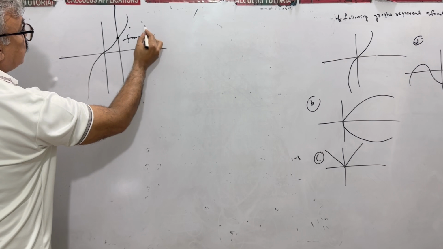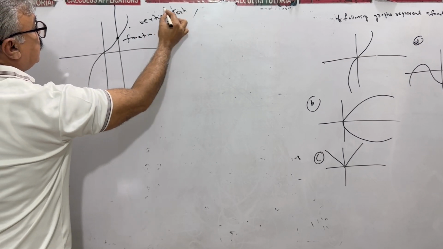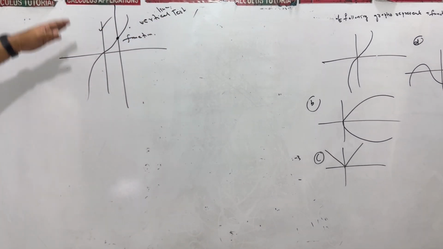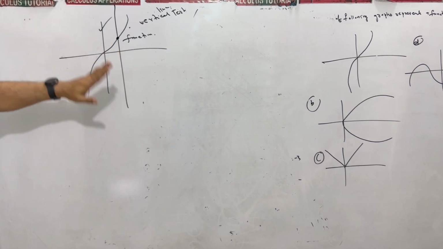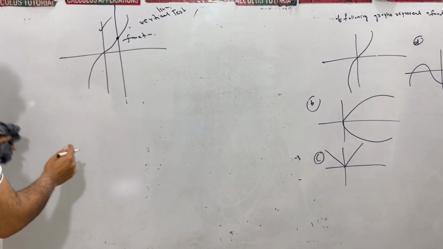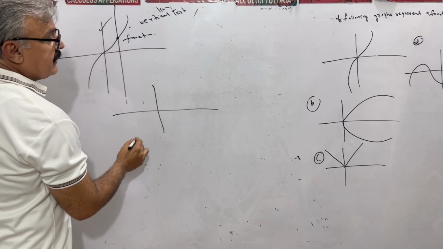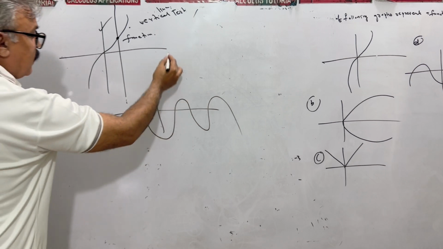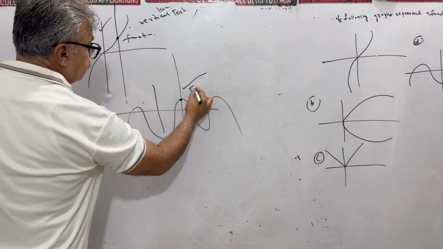By virtue of the vertical line test, it's a function, because the vertical line cuts the graph at exactly a single point. What about the second? It's some sort of sine or cosine snake. Draw any line upon the graph. It cuts exactly at one place. Yes, it's a function.